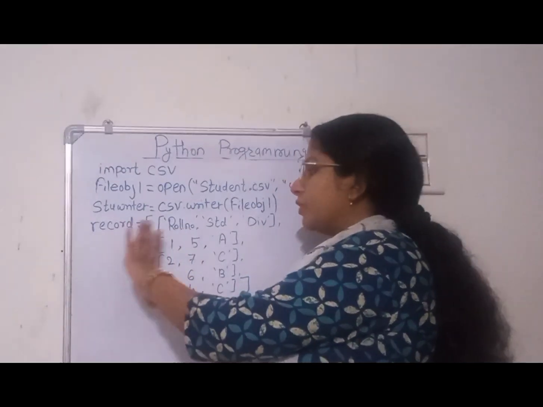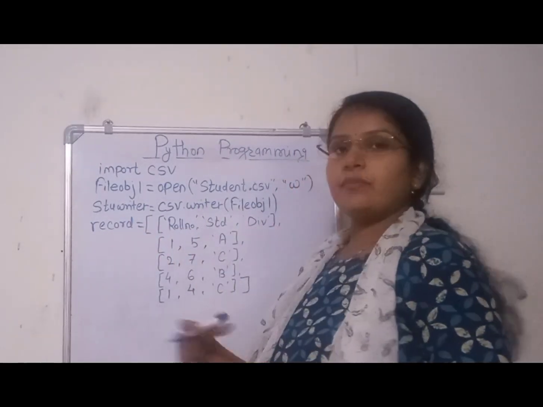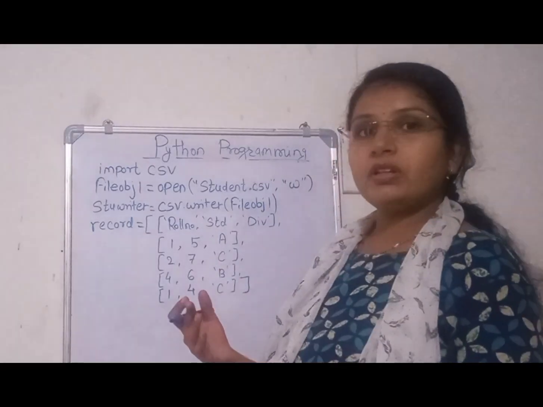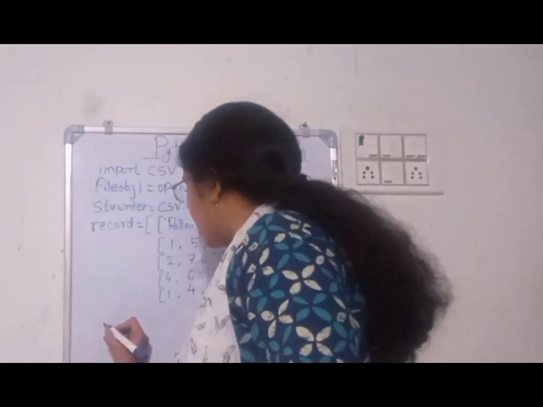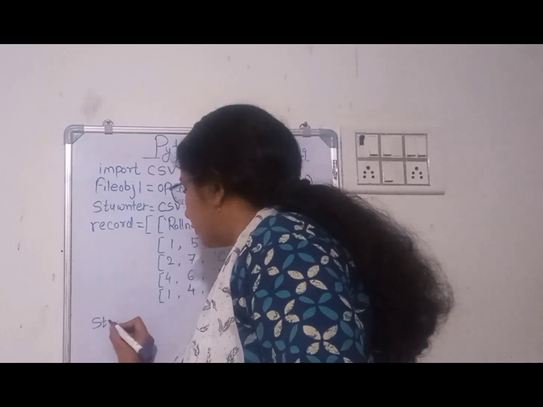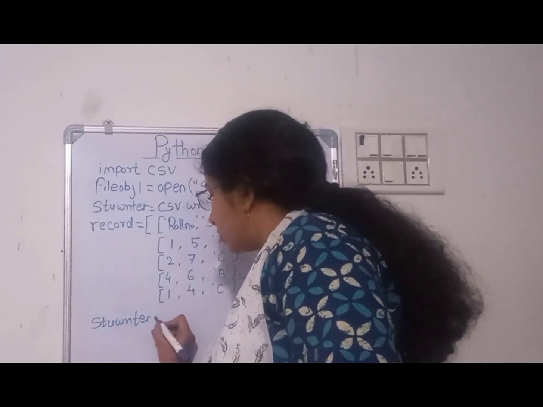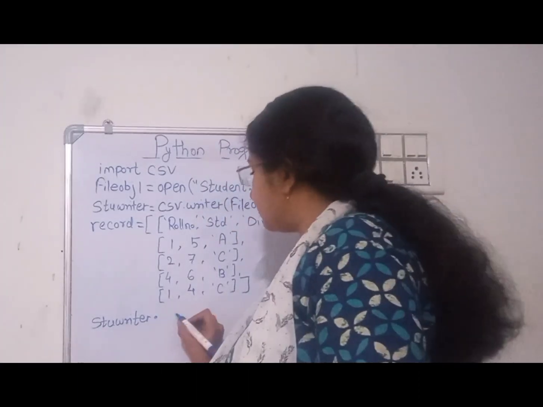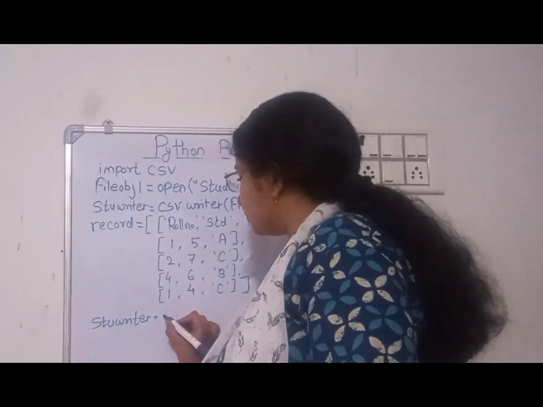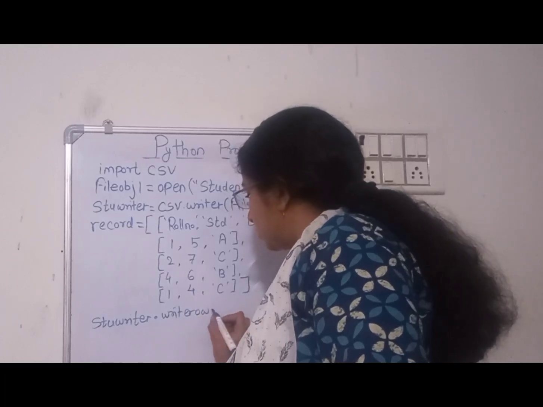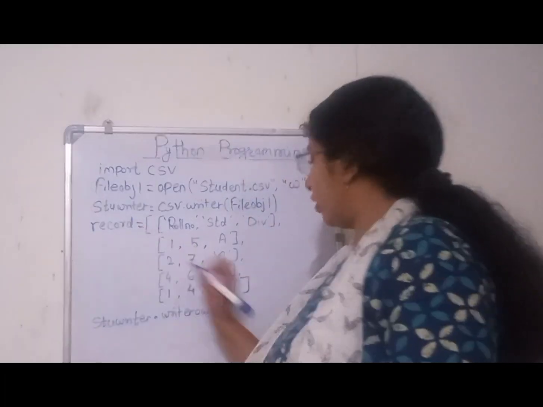If I have the record as it is, then I am just calling the writerows method. Now how to call the writerows method? Just your stu_writer, which is your writer object, dot operator, and then writerows, and then just mention the record.